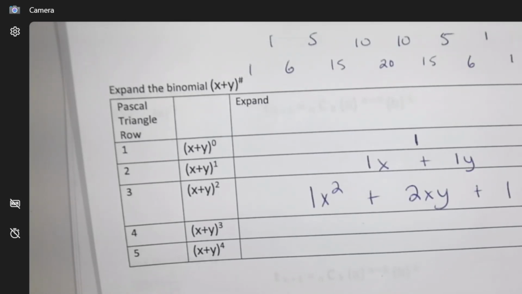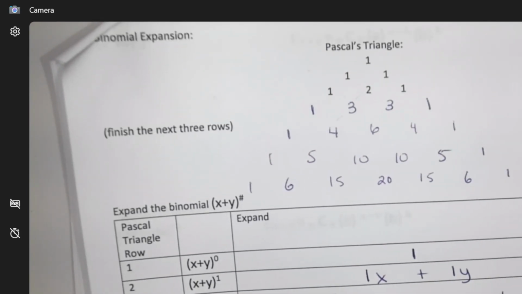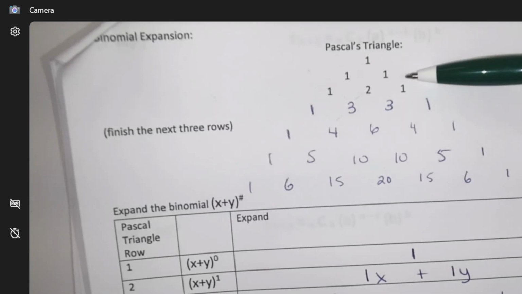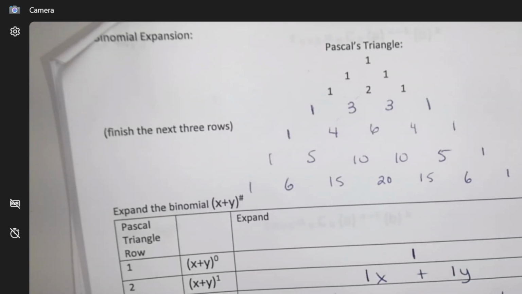Is anybody finding a connection with this triangle? Just a 1. Then we had a 1x, 1y. Then we had 1x squared, 2xy, and a 1y squared. Look at that.